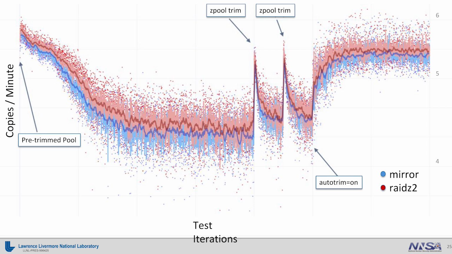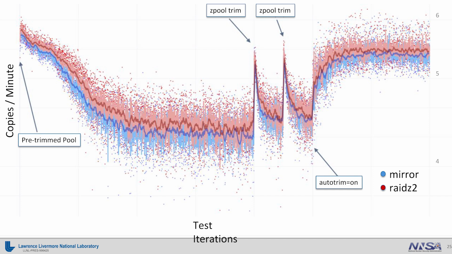It looks like about 6 copies per minute, something like that, which is what we'd expect. It's a completely empty pool. Performance is just fine. As we fill the pool, performance does degrade, right? It gets worse over time, and eventually it bottoms out somewhere. And this is all with no auto trimming, nothing fancy, just enterprise grade SSD that we're testing with here. So that's the sustained performance down there at the bottom.